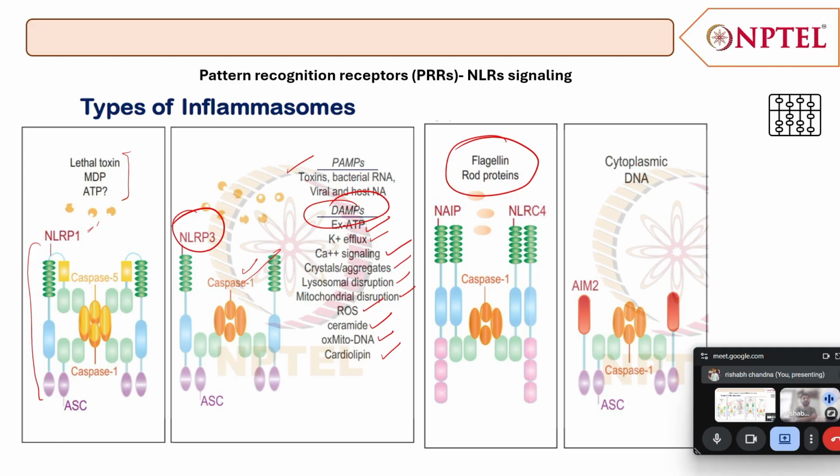And then cytoplasmic DNA activates AIM2, which also activates the caspase 1 dependent inflammatory response. So these are certain types of inflammatory responses to different ligands that the different NLR proteins bind to.